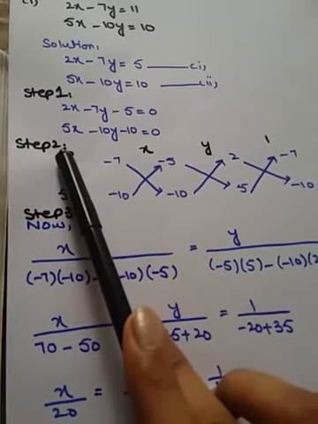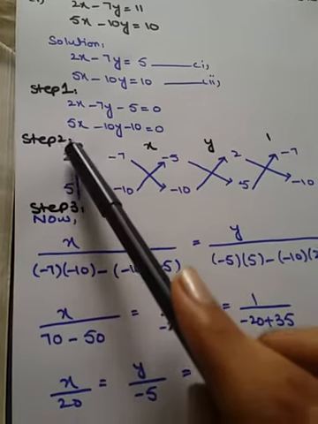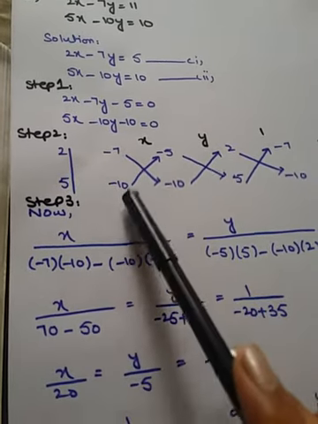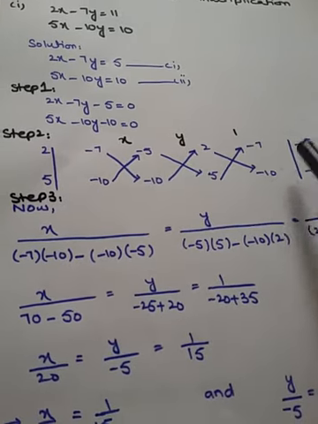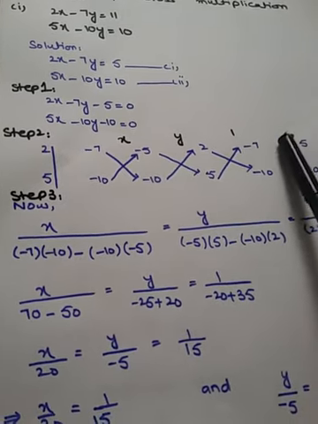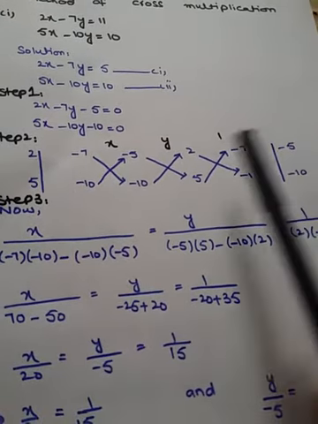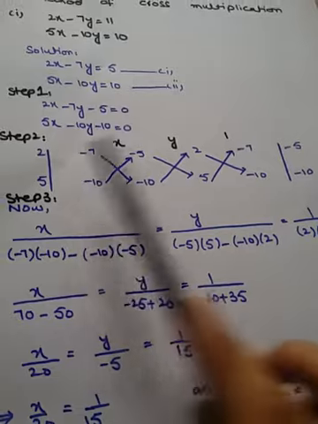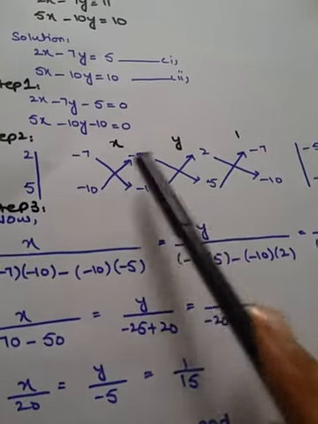Now step 2. In step 2, these are the coefficients of x, coefficients of y and constants. And then I have drawn a line here so that I can separate this part, as I will not use this part. So we are going to use only the middle part.